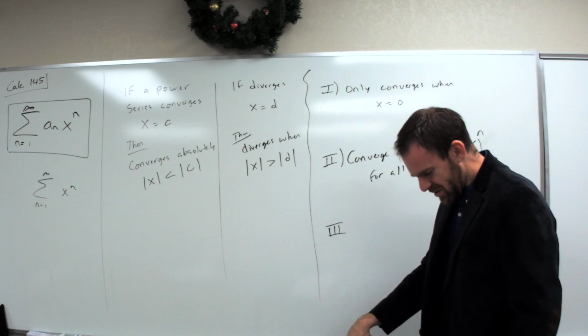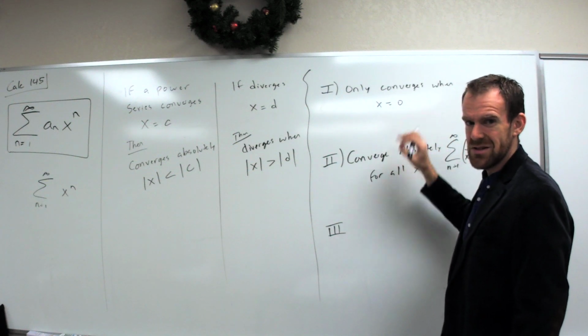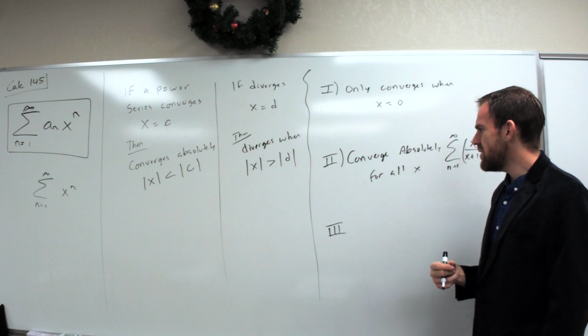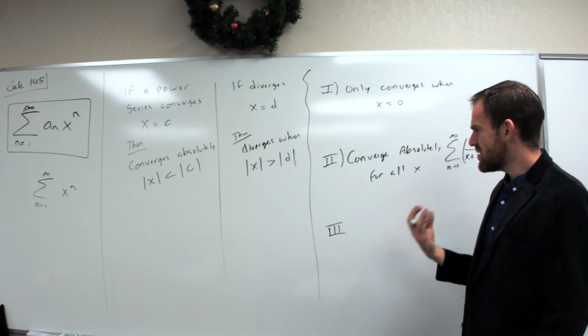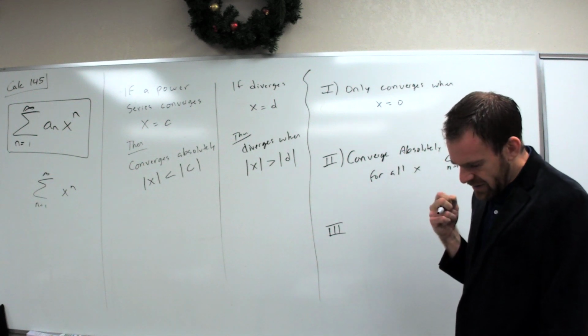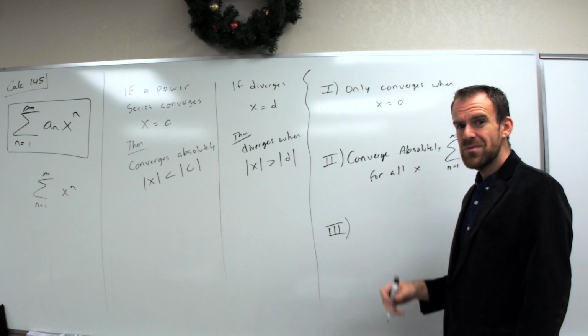And then finally, and this is the most complicated one, so it either only converges when x equals 0, which means it basically diverges all the time, or it converges absolutely for all x, so doesn't matter what we plug in, it will converge. And then finally, there is a positive number. Now I'm going to use a special math term.